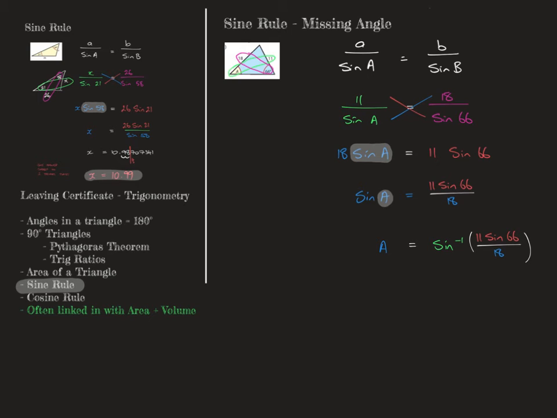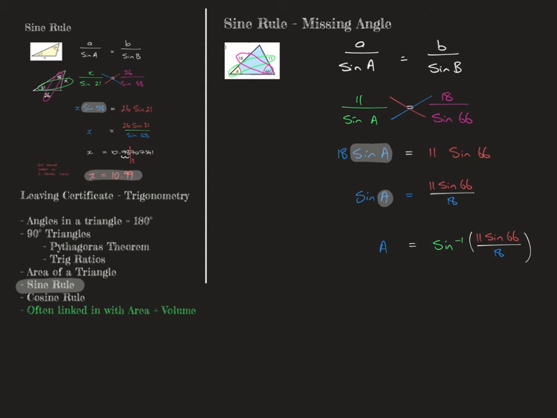So if we put the screen up there so you can see, and I'll bring this over to the side so you can see the question and the calculator. We're going to turn on the calculator.